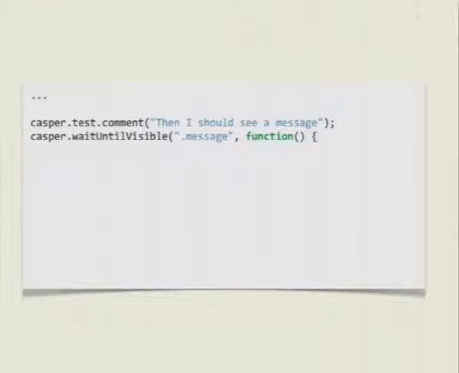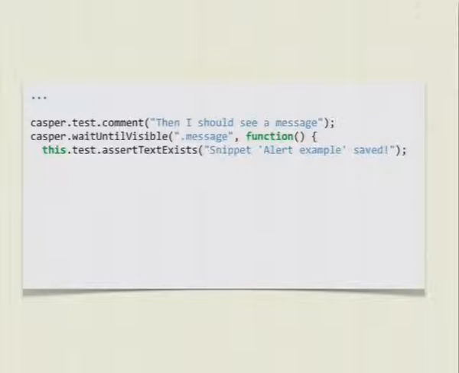The next step is to then use our wait method. And so we use wait until visible here. So we're going to wait until our element of class message is visible, and then again in the callback for that, we can assert that our confirmation text is on the page. We can also provide a timeout callback.